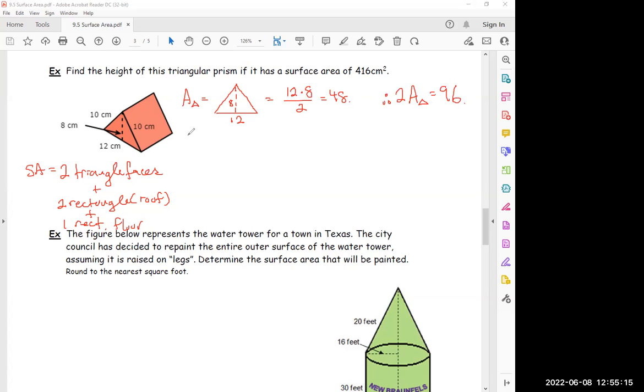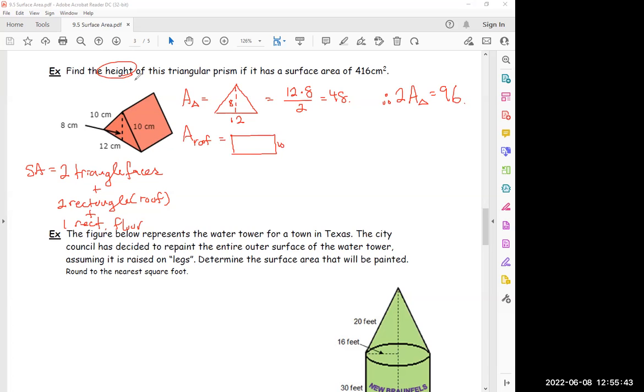Next, I have the area of the rectangles. I'm going to call them roof. All right? That looks like this. 10 is this height, and I don't know what the long length portion is.